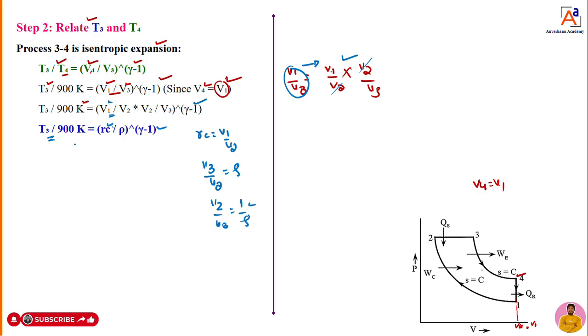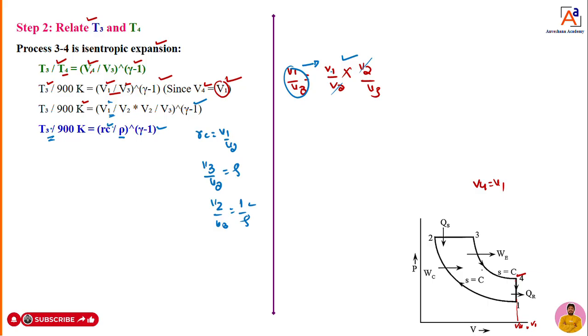This is the T3 value. But I can't calculate the value of T3 here, because rho is also unknown and T3 is also unknown. You can see on the left and right side there are two unknowns. I can't get the T3 value directly, so I will go to the next step. Now I have got the variation of T3 and T4 versus volumes V4 and V3.